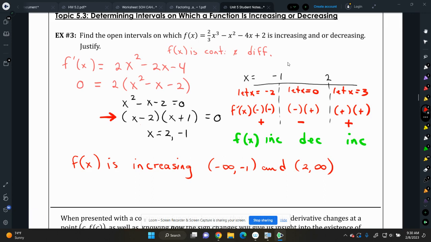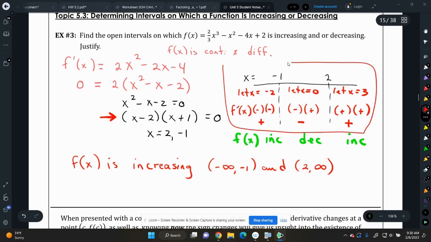Now, this is very important because it's very frustrating. If you did this, you have not gotten credit for it. No, we did everything correct. But a table is not justification. They do not accept that as justification. It's so frustrating. I hear you.